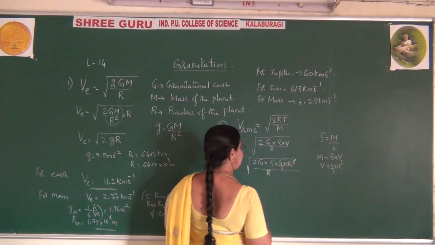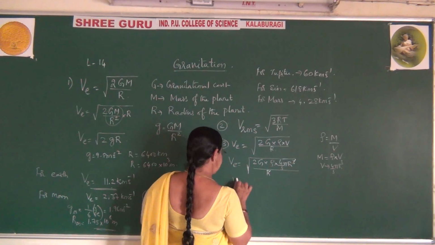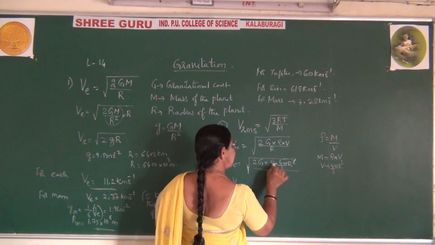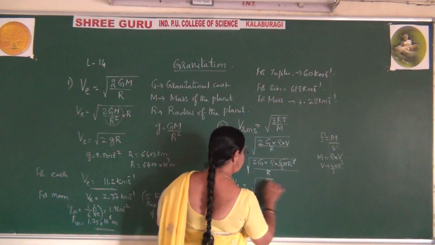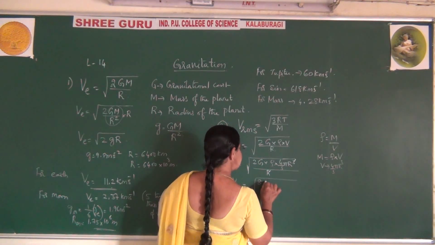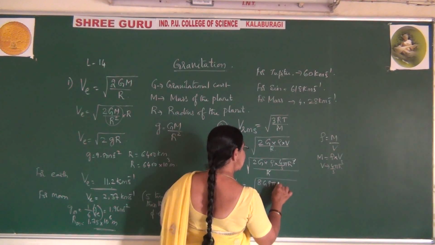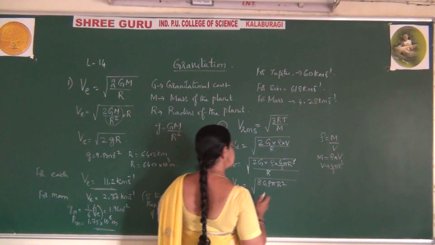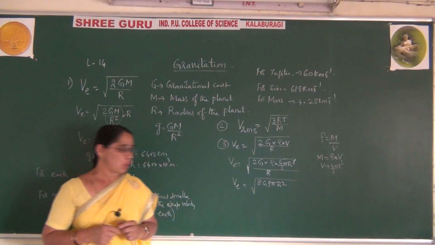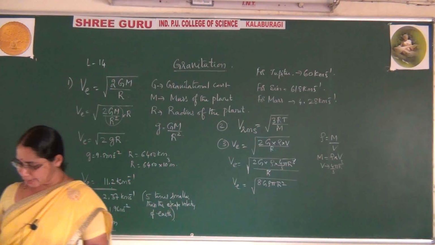This R and R get cancelled here. So you get VE is equal to root of, 2 into 4 is 8, G rho pi r square. This is the formula you have, that is 8G rho pi r square.